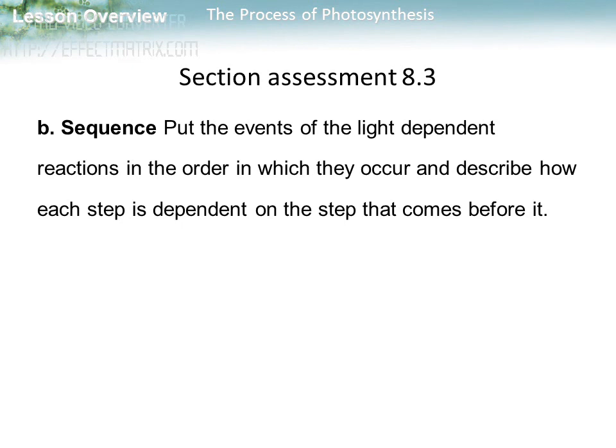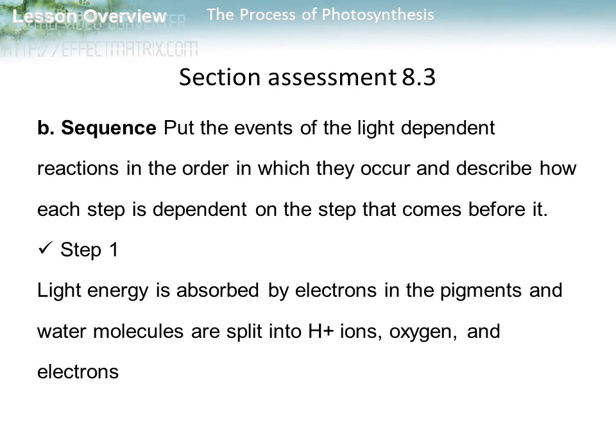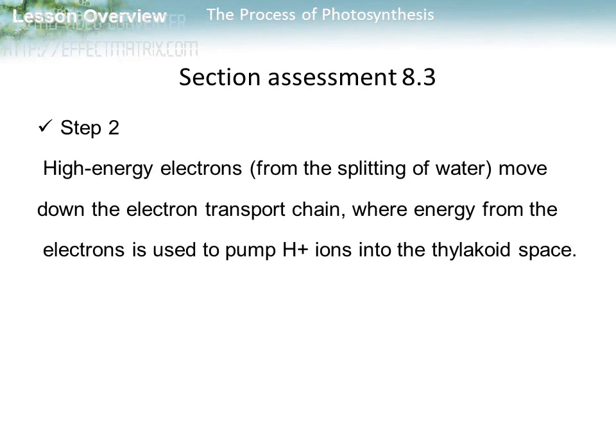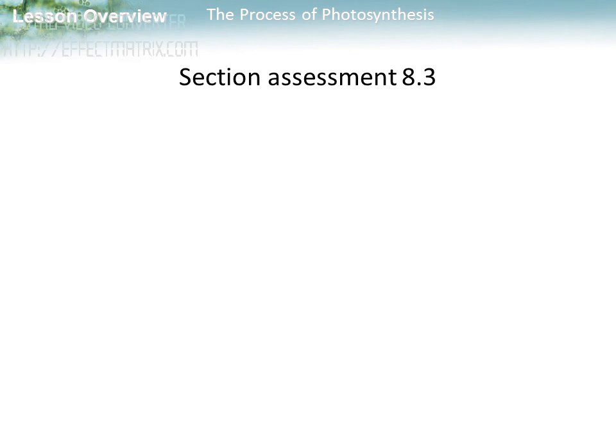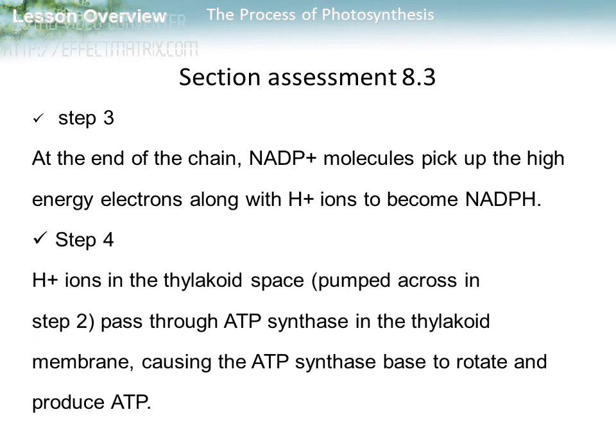Well, the steps are the following. Step 1, and here is step 2, step 3, and the last step, step 4. Well then, now let's try another one.